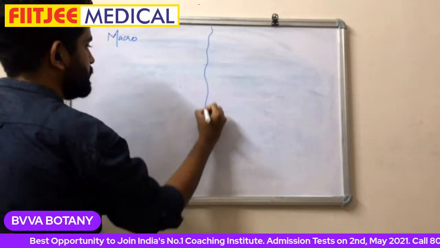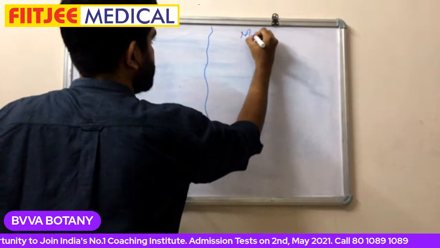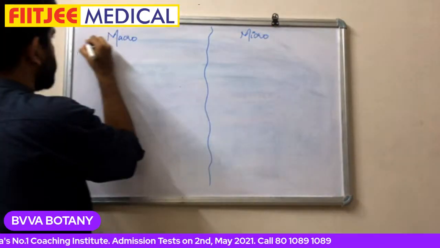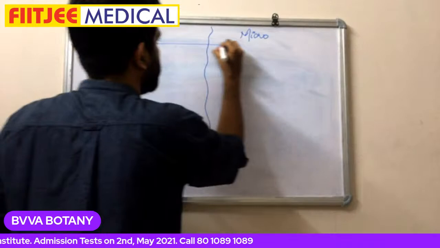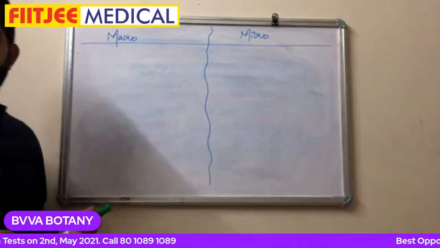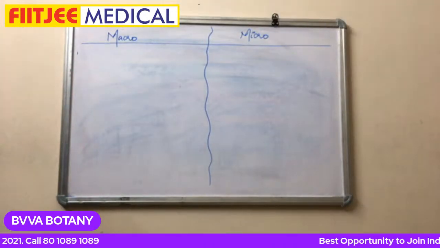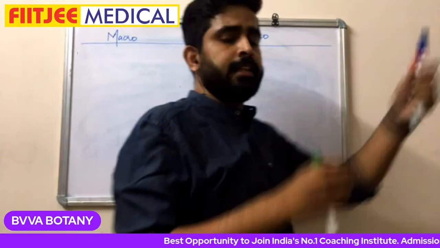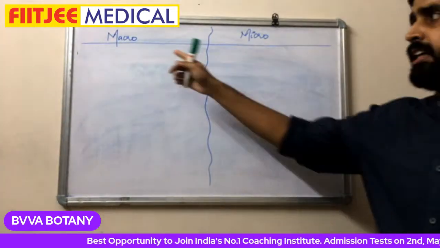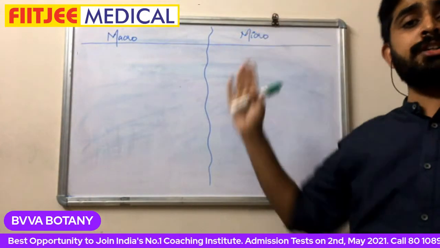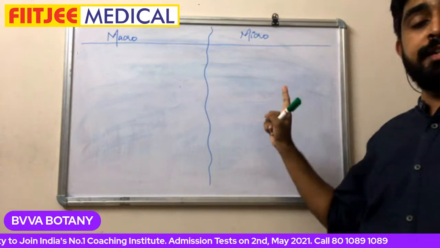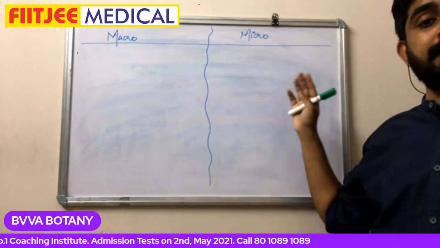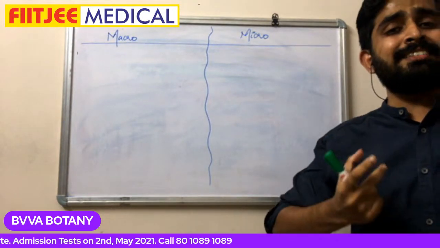As the name indicates, macronutrients are the nutrients that are required by the plants in larger amounts, whereas micronutrients are the ones which are required in very small amounts or trace.